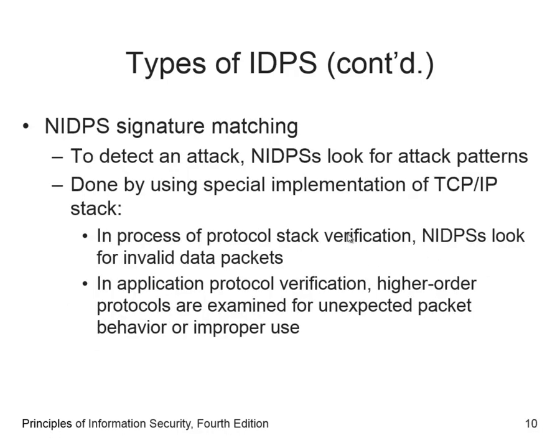The network IDS uses signature matching to determine whether or not an attack has occurred or may be underway. It looks for attack patterns by comparing measured activities to known signatures in its knowledge base. We are comparing the signature that's coming in with the signatures that we have in the database.